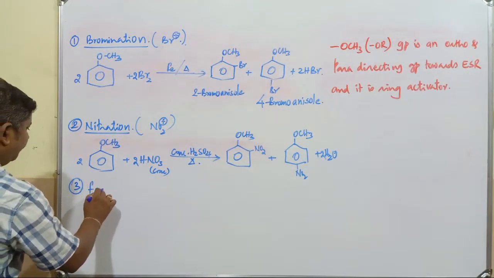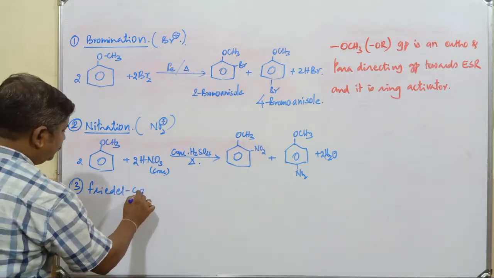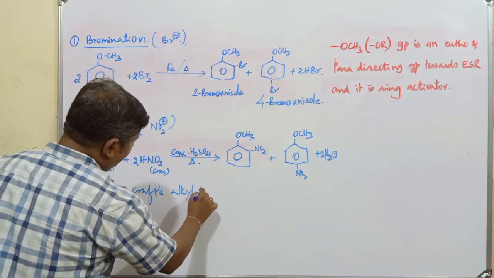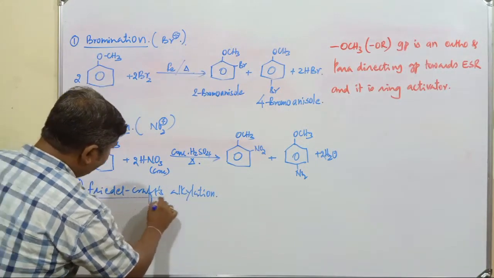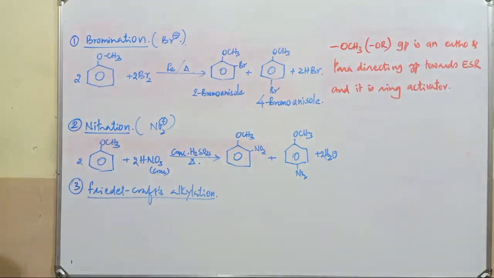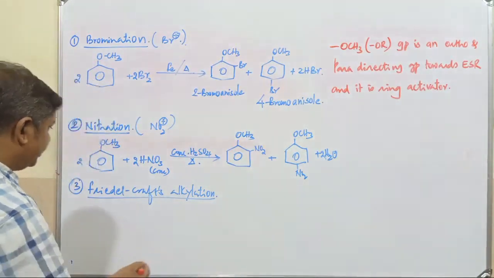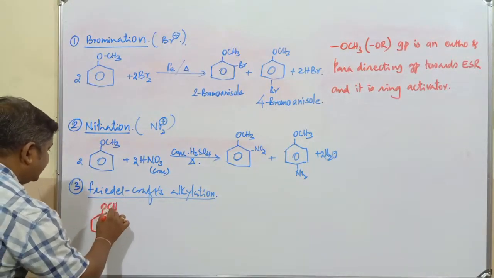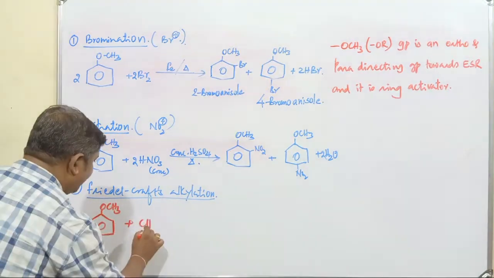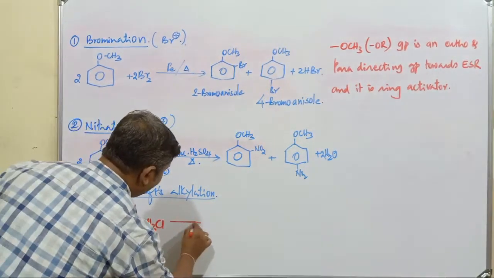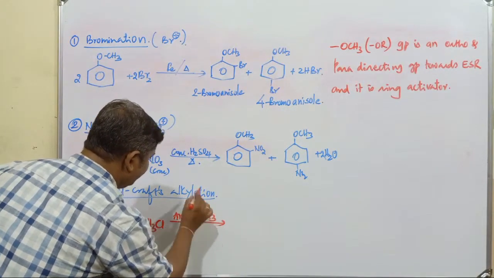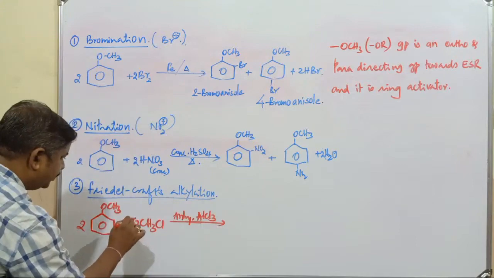Next one, Friedel-Crafts alkylation. Friedel-Crafts alkylation reaction. What happens in case of Friedel-Crafts alkylation reaction? So this is the anisole compound, OCH3 is there, right? When it combines with CH3Cl in presence of anhydrous AlCl3, almost the same reactions. This is 2 mole.